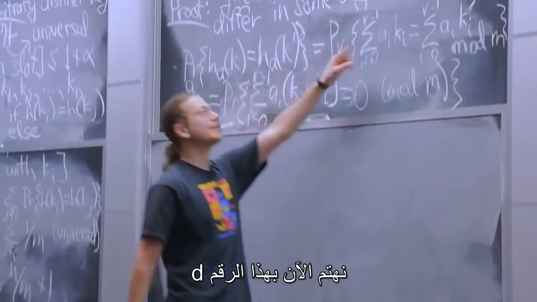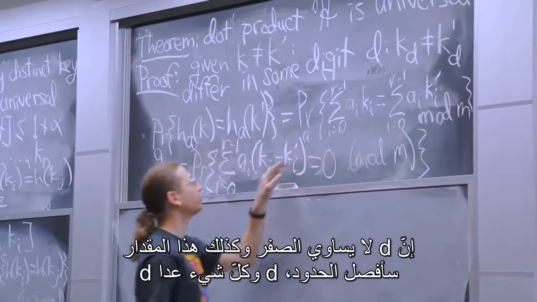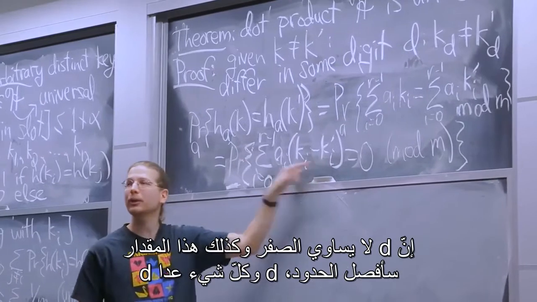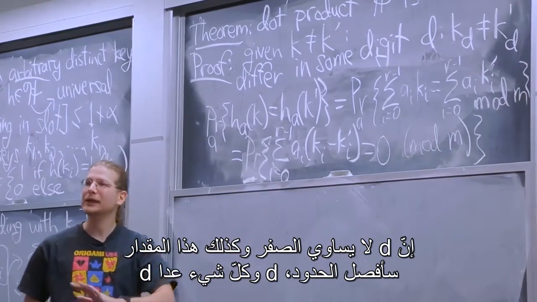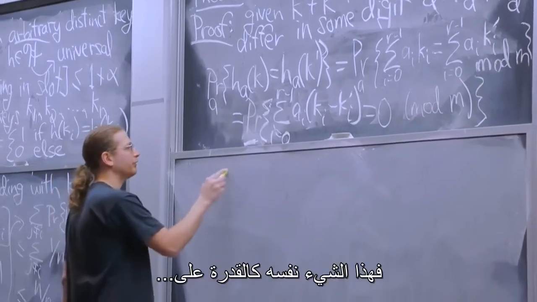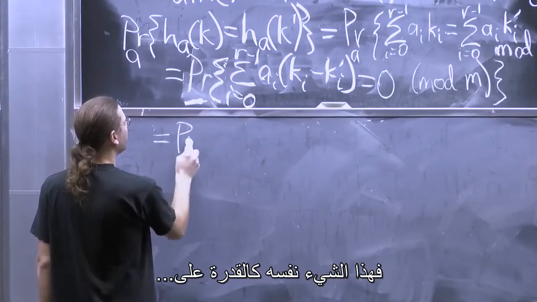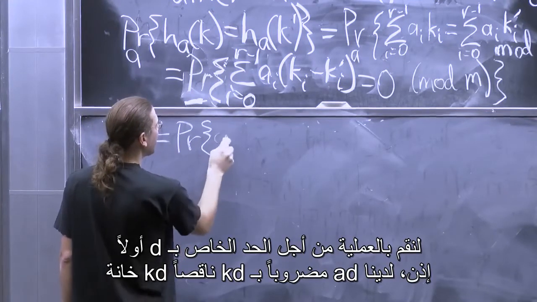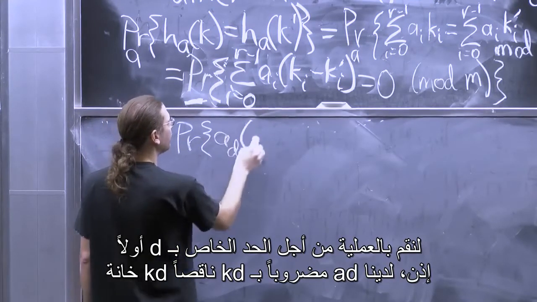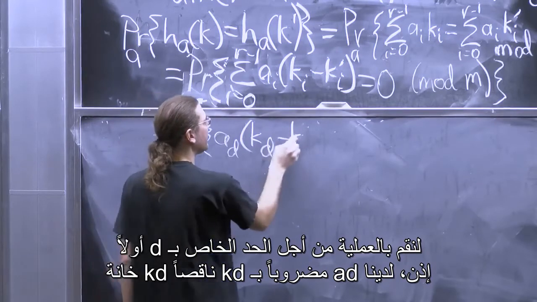Now, we care about this digit d. D is a place where we know that this is non-zero. So let me separate out the terms for d and everything but d. So this is the same as probability of, let's do the d term first. So we have a d times kd minus kd prime.